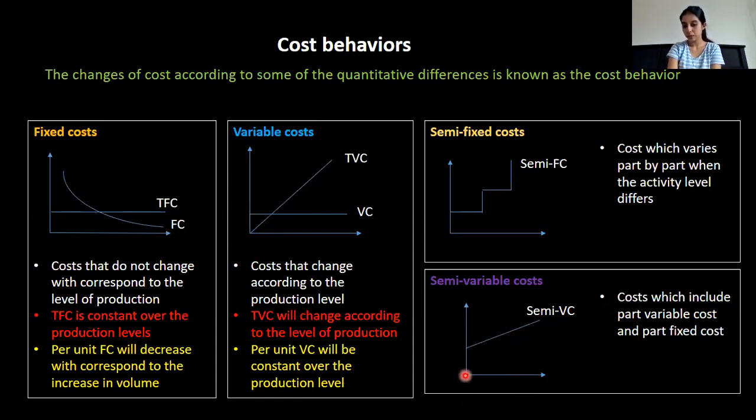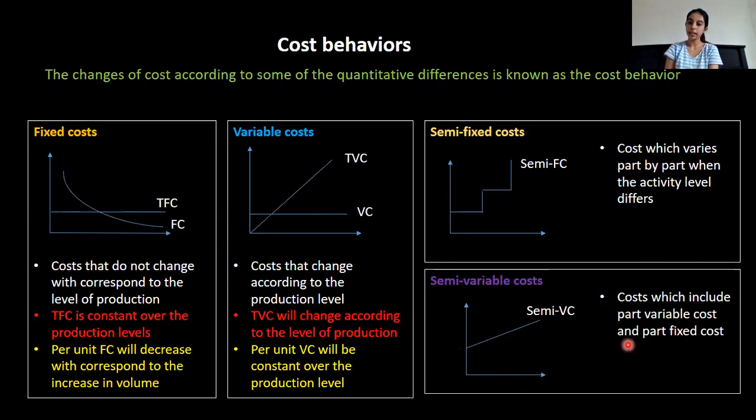So what is the difference between this 0 and this touch point? It is the fixed cost. And this upward sloping line shows the amount which varies proportionately with the change in output. So this is the variable cost part and this is the fixed cost part. Costs which include a part of variable cost and a part of fixed cost.